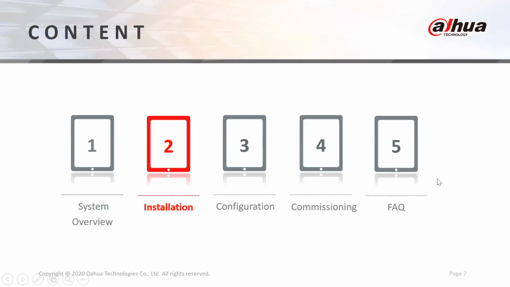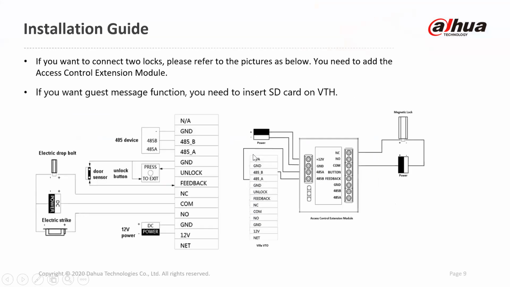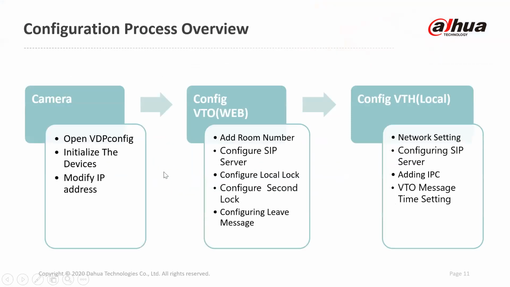Then we have the installation and configuration. So let's look at the configuration part. The installation guide is just similar, the same diagram that we had with the apartment one. For configuration, right now we have few devices to configure, then we have the camera.